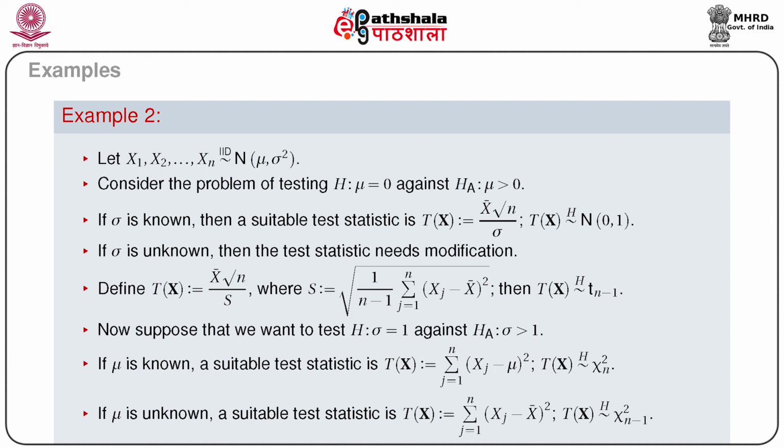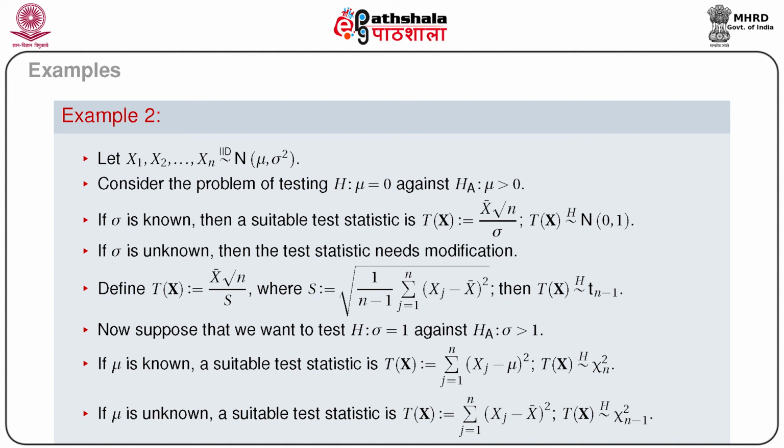When sigma is unknown, we use the test statistic Tx equal to root n times x bar divided by s, where s is the sample standard deviation, which is the square root of 1 by n minus 1 summation over i from 1 to n of xi minus x bar whole square.